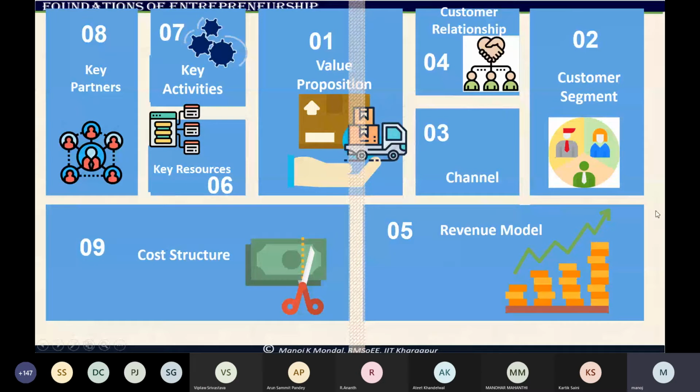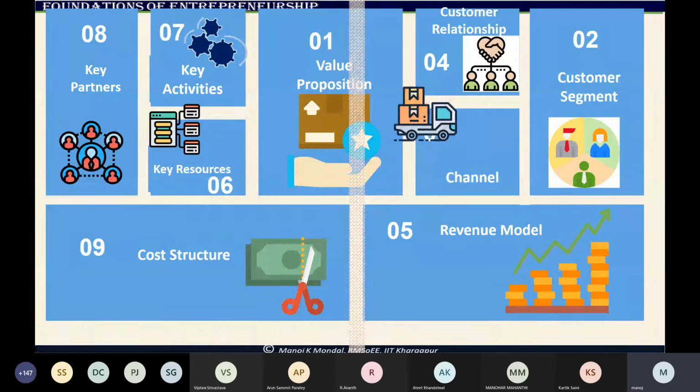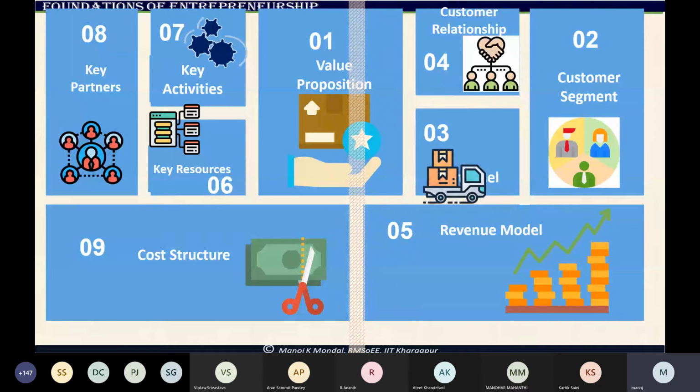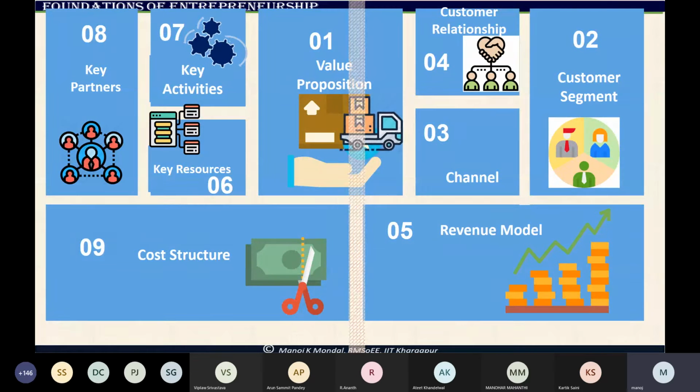So I have done a little bit of graphics here. The first block is the value proposition, which is at the center of the canvas. Block number 1, and that is how it has been numbered by Osterwalder. On the right side of the screen, we have the people for whom we create value and how we reach out to them with the value so that they can avail it.